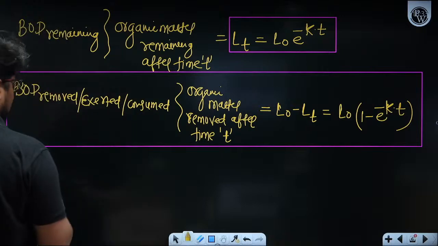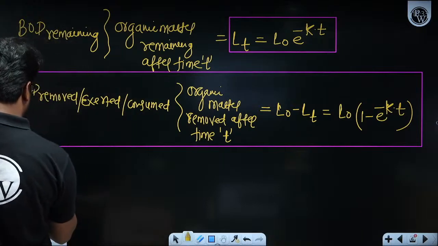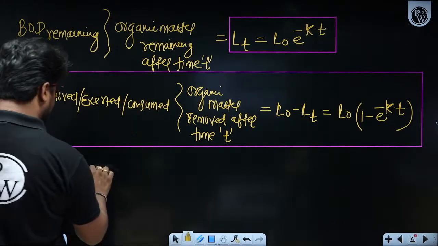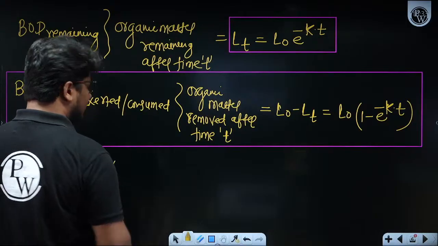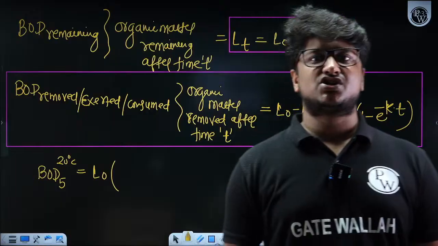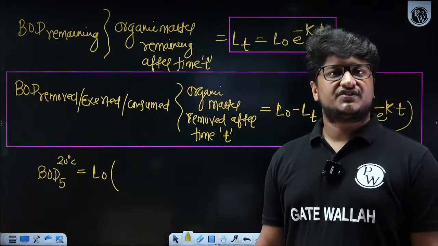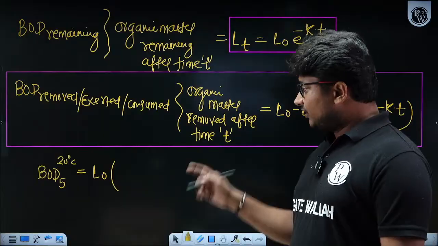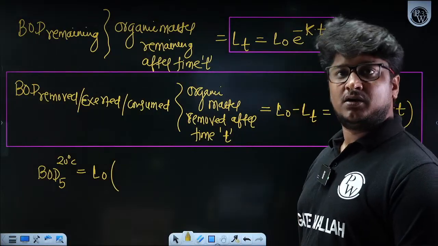Clear? Let us say you wanted to find out BOD5 at 20 degrees Celsius. How will you write the formula for that? See, L0 is not dependent on temperature. It is the initial organic matter concentration, so it does not depend on the temperature at which you are doing the degradation. But BOD is dependent on temperature.